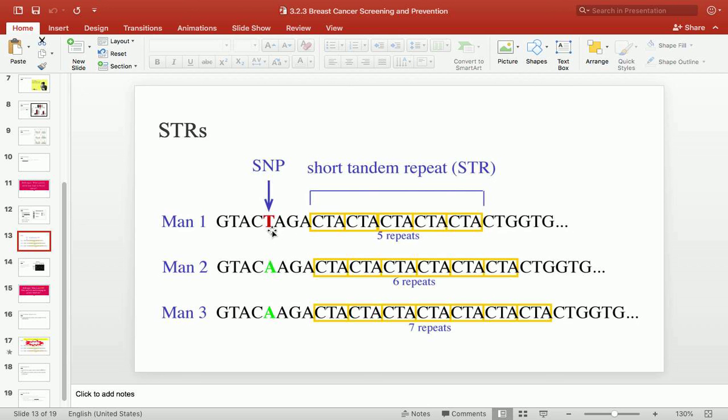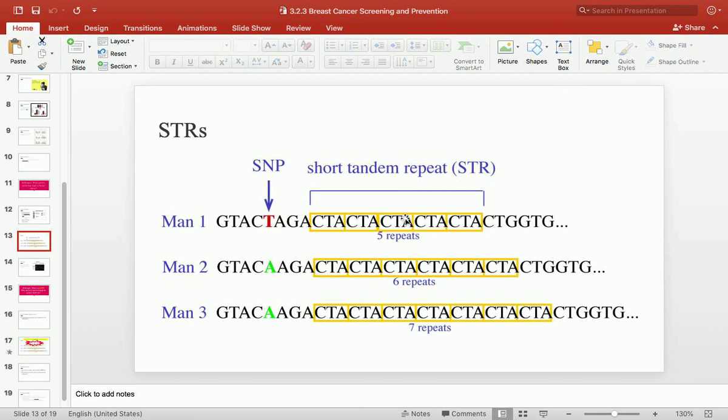So what we would do is take another area of the genome adjacent to the BRCA2 gene, and we would look for a short tandem repeat. And we would count how many repeats exist in this individual's genome. So we're looking specifically for a repeat of CTA, and you can see that man number 1 has 5 repeats.